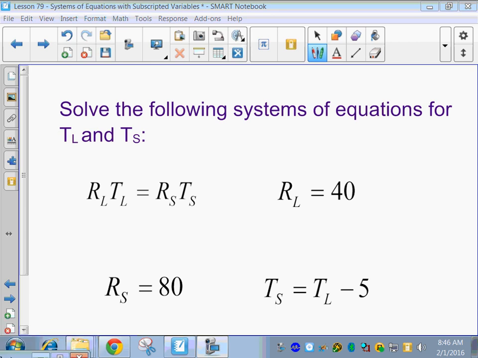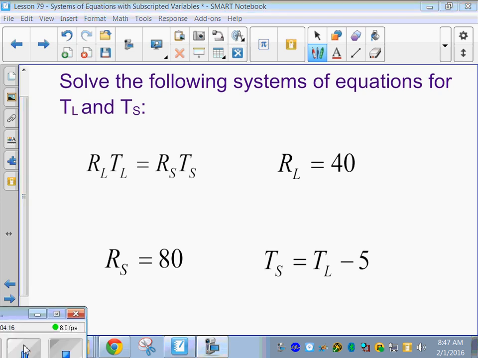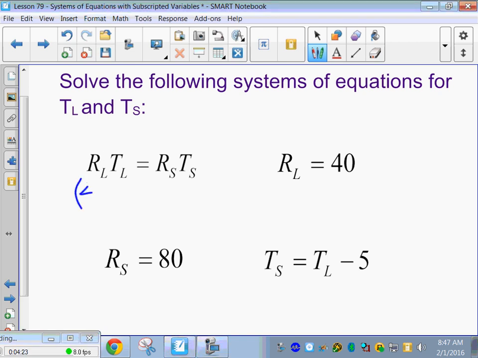All right, these are a little more spread out for you. So again, if they're separated by commas, you may write them a little bit more separate. So go ahead and write this down. RLTL is equal to RSTS. All right, Dylan, what should I plug in for RL? 40.